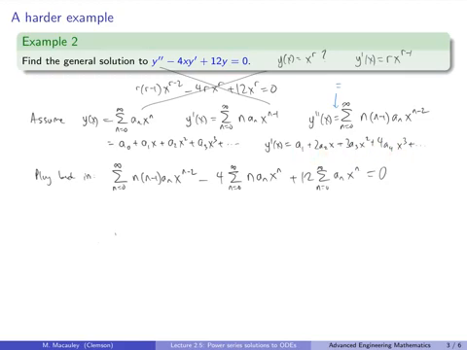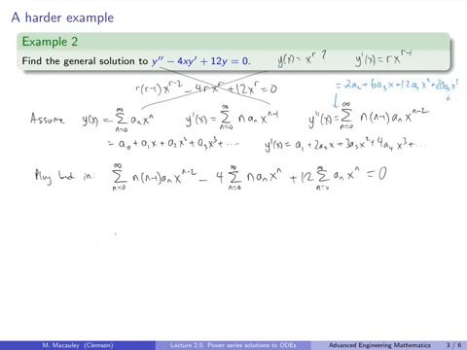So this is actually 2a_2. The derivative of this is 2a_2. The derivative of the next one is plus 6a_3 x, plus 12a_4 x^2. Plus, and the next one is going to be not 4 times 3, but 5 times 4, plus 20a_5 x^3.